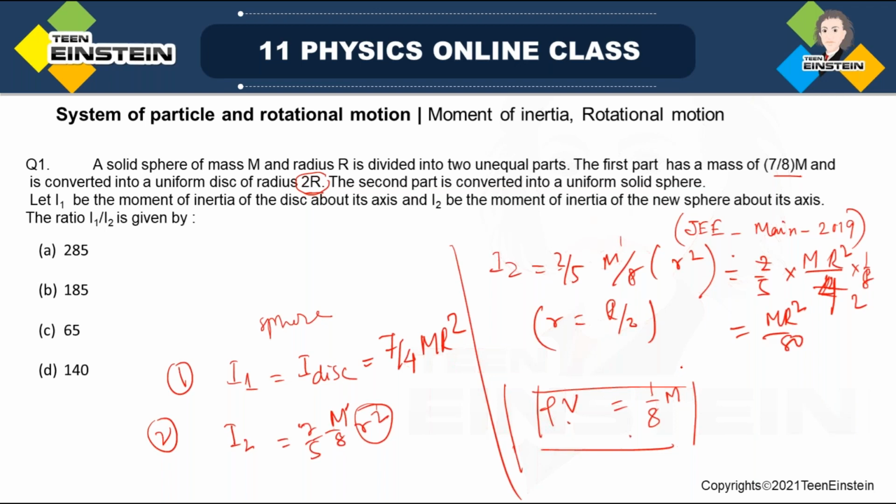I1 by I2. I1 is 7 by 4 m R square, and I2 we have got m R square by 80, so this will give you 140.